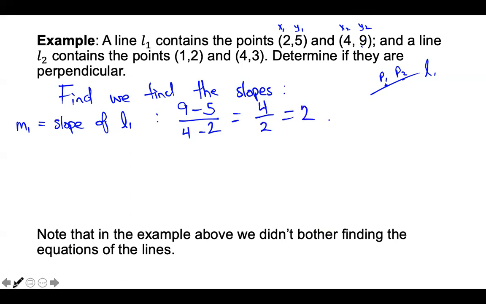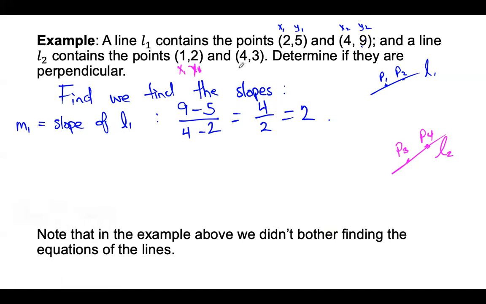The second one, let's change the color. We have another line, L2. We have 2 points, let's call them point 3 and point 4. I know they're different, they're color coded.